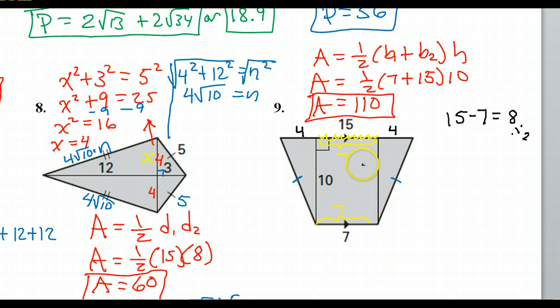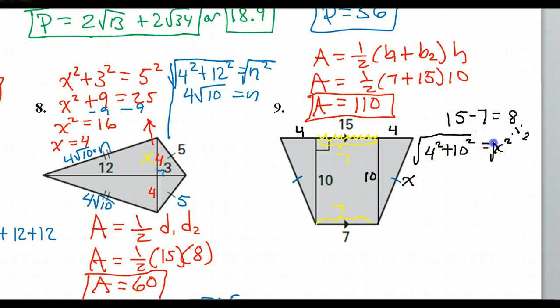Alright, now I will have to do the Pythagorean theorem. Say if I call this side x, and of course this is 10. So I'm going to wind up doing a squared plus b squared. So 4 squared plus 10 squared equals x squared.